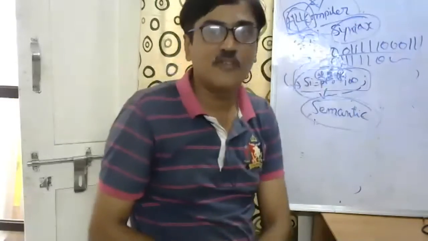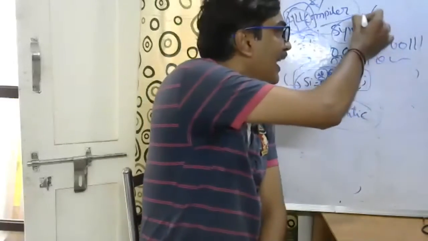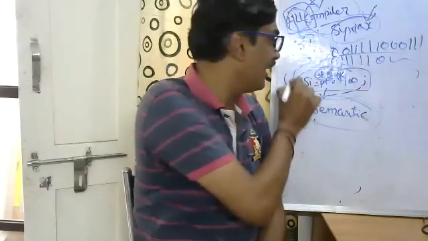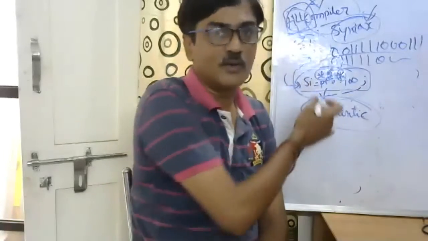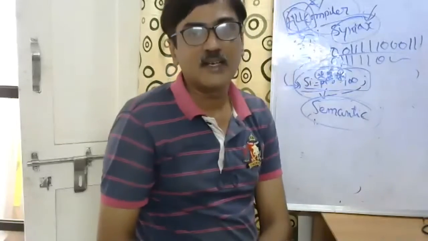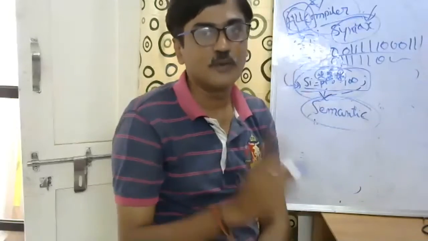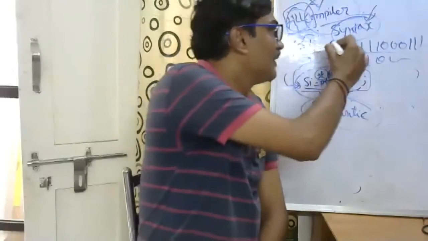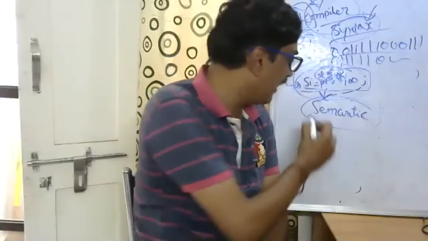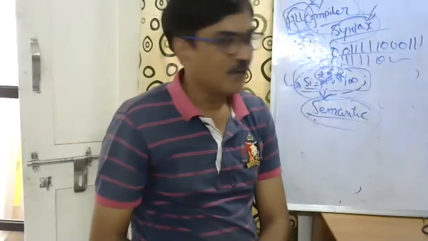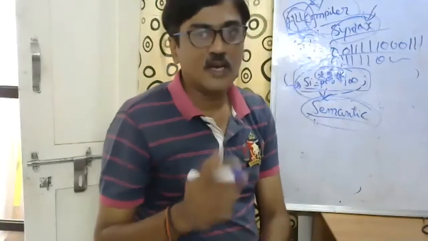Poorer understanding of the language leads to syntactical errors. Poorer understanding of the problem, that means you do not know the formula for finding the simple interest, so therefore you are getting semantic errors. So your programs should be both syntactical errors free and semantical errors free. So you should look at all this.